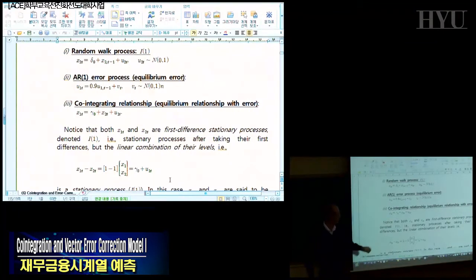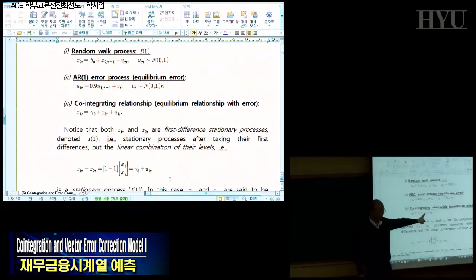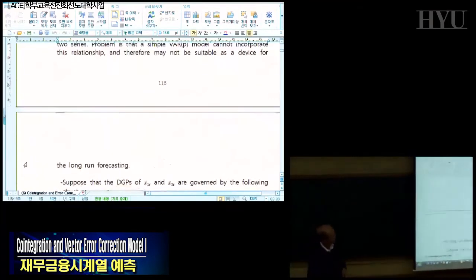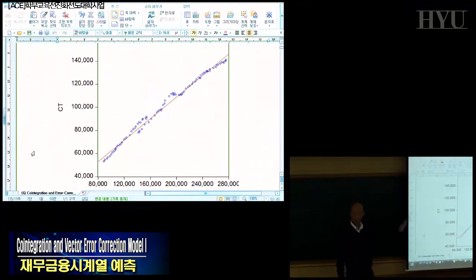Cointegrating means, see, y is regressed on x, and this is a simple regression, right? A linear relationship. So that is equivalent to finding that. Right?